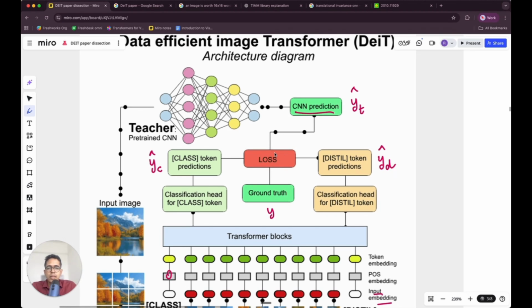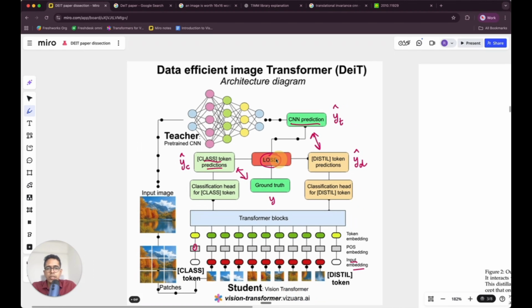Now we can construct a loss where we compare the predictions made by the class token with the actual ground truth. And we compare the predictions made by the CNN, which is the teacher, with the predictions of the distillation token. So these two we compare, and these two we compare, and we add those two together to produce the loss. This loss is not used for training the teacher because the teacher is pre-trained.